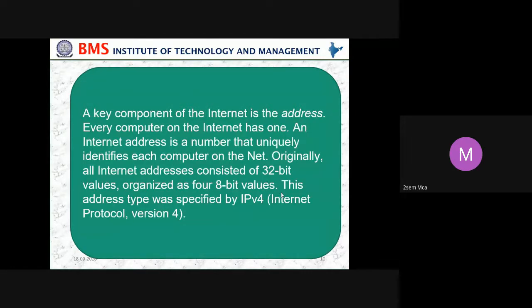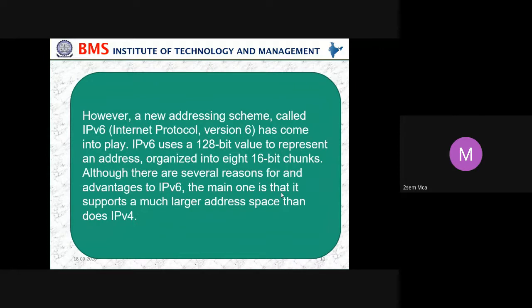IPv4 was the earlier one, when internet usage was less compared to now. For at least the past 1.5 years, the whole world has turned online. When it turned online, every one of us started using the internet. In that case, the number of addresses should be increased, so we have something called IPv6.